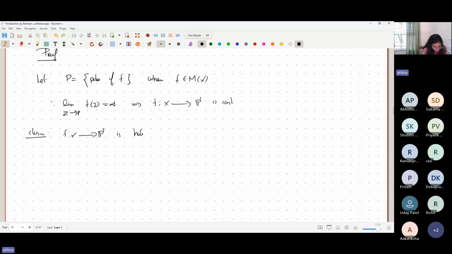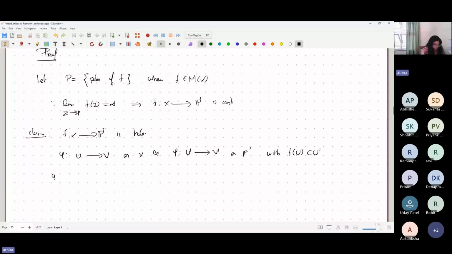To check if a map into P1 is holomorphic, we have to take two charts, one chart from X and another chart from P1: phi from U to V on X and psi from U' to V' on P1, with f(U) contained in U'.